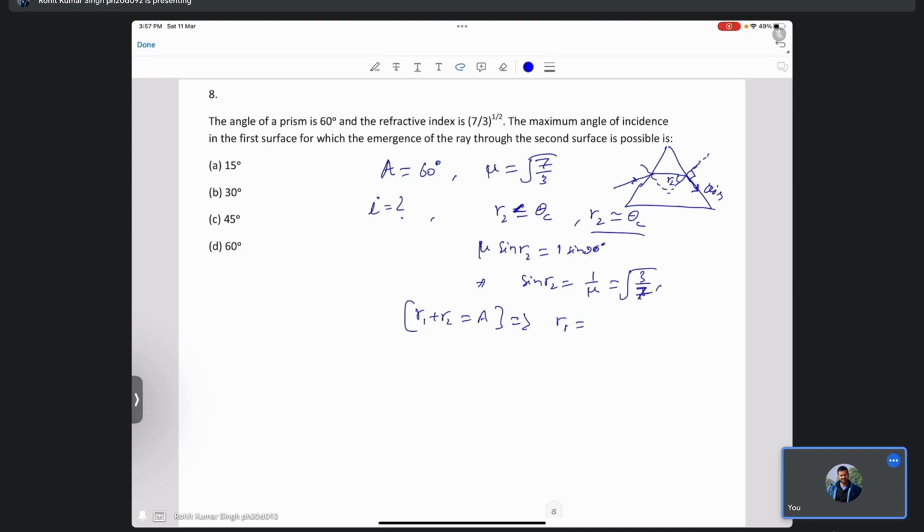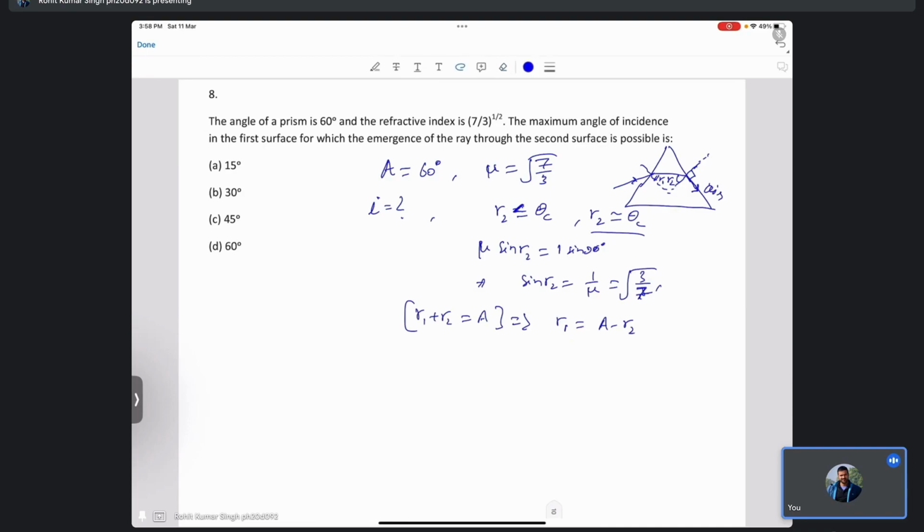R1 is A minus R2. Okay, let's keep it like this, A minus R2.